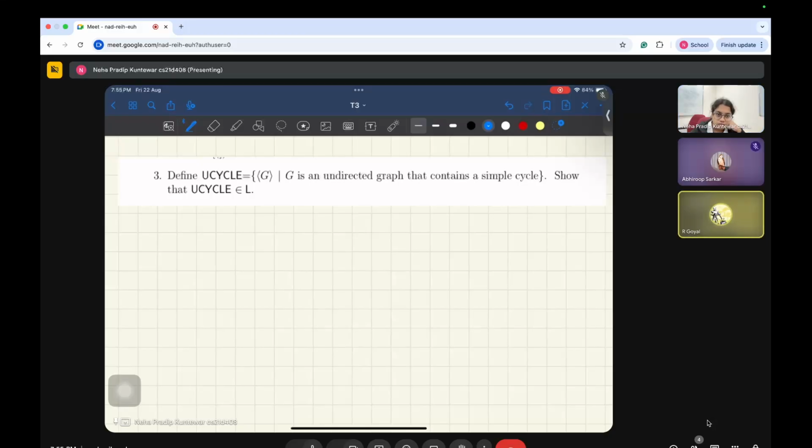A cycle would mean that I should be able to traverse a closed cycle, from a vertex to the same vertex. Simple means that you should not repeat any edges again. Self loops are not allowed.